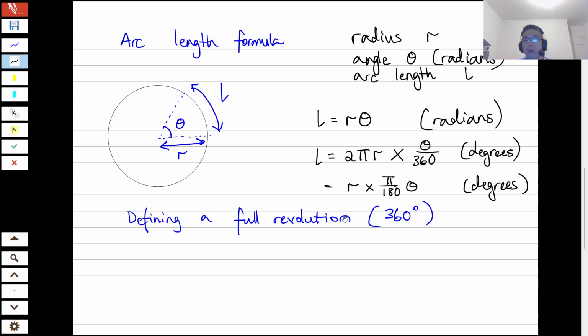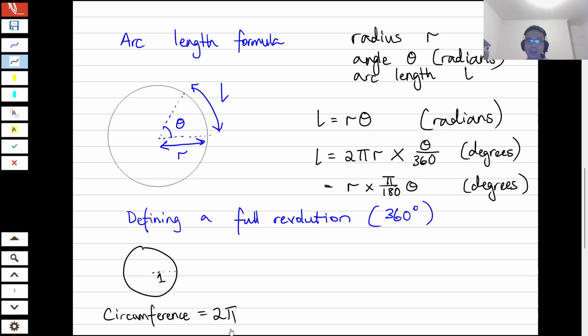So we're almost ready to define different angles in radians that we will use as standard exact values for the rest of this course. So now I want you to imagine that I have a circle with radius 1. Of course, if I ask you to find the circumference of this circle, the answer is 2 pi, because it's 2 pi r, but r equals 1, so we just have 2 pi.